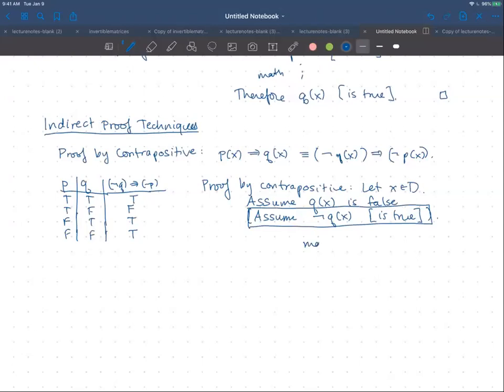Then there's some math, blah, blah, blah. Therefore, not P of X is true. Or therefore, P of X is false.